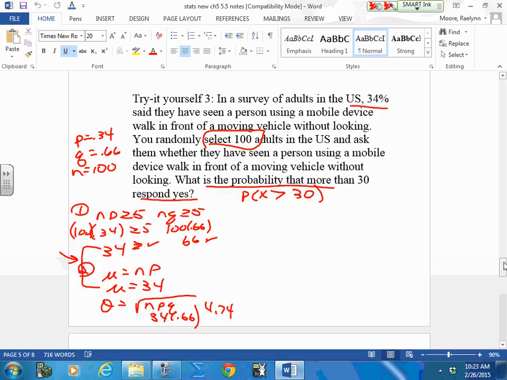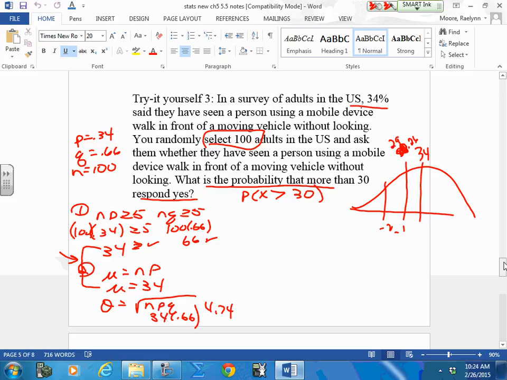Now again, you can sketch this. Give me a minute, guys. We'll finish this up. You can sketch this. Here's your mean, 34. We want more than 30, so let's just go down this way. So somewhere if I take off this will be 33.26. Nope, sorry, 30.26. Nope, 29.26.